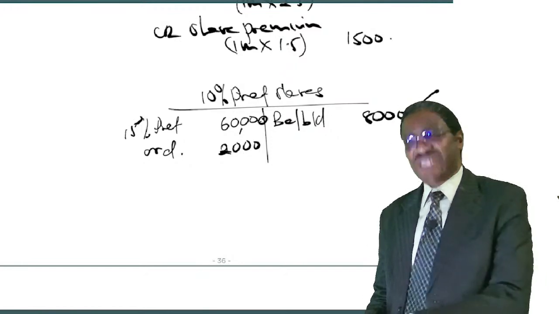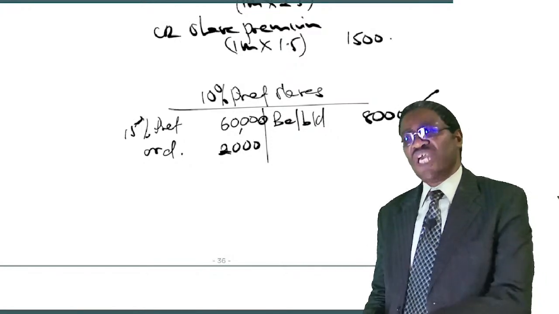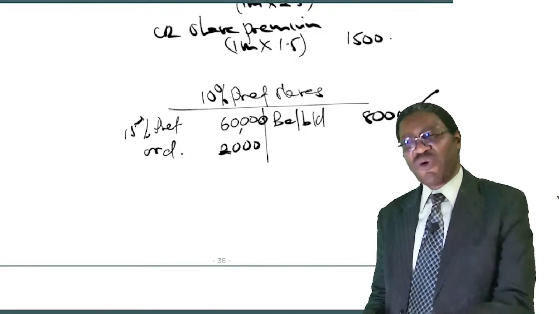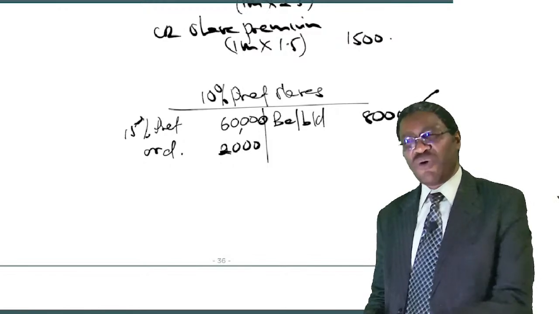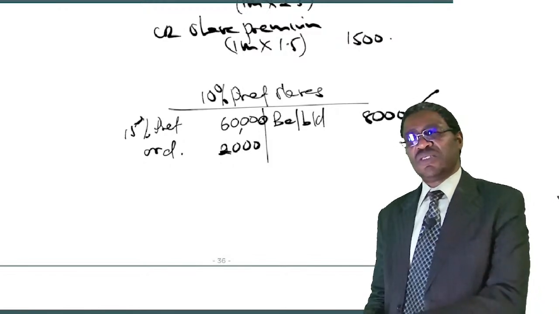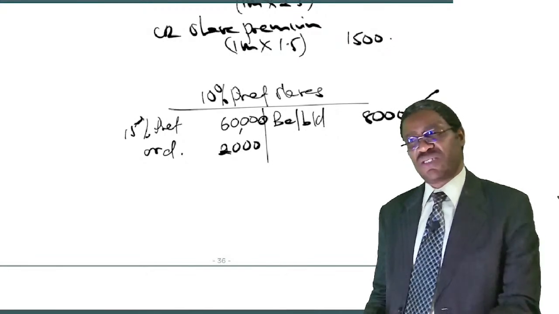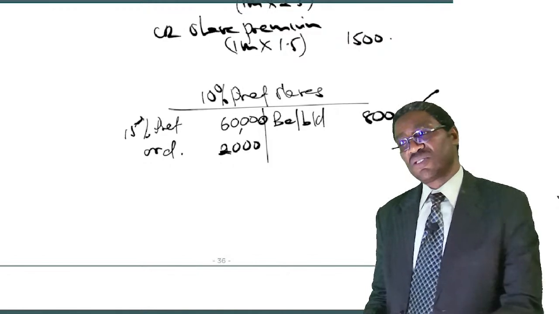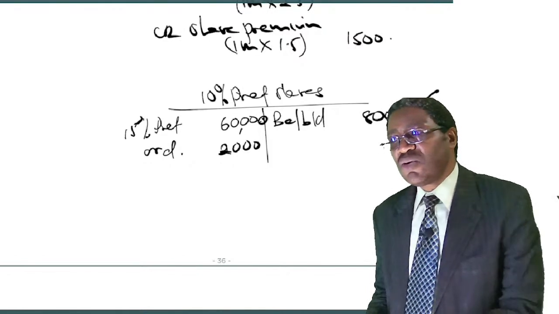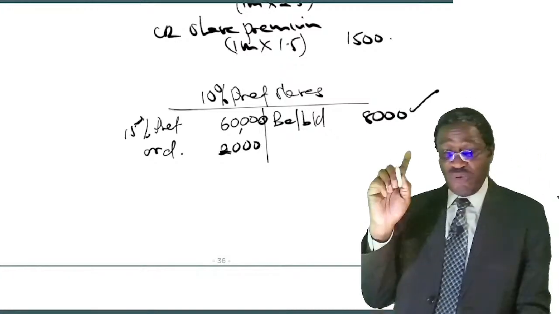If they go by the 2004, it should not have been 6 million, it should have been 600,000 shares of 10 each. We go by the original. So let's go by the original. I hope you'll note that.